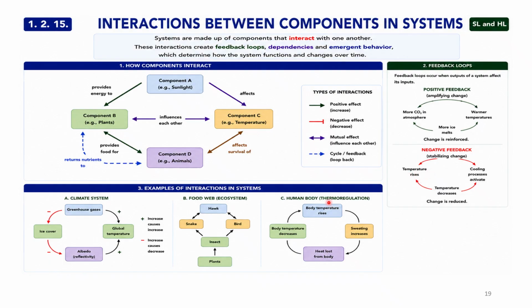When body temperature rises, sweating increases, heat is lost, and temperature returns toward normal. Environmental systems such as climate systems, food webs, and ecosystems all depend on these interactions. Understanding them helps us explain system behavior, predict responses to disturbances, and make informed environmental management decisions.